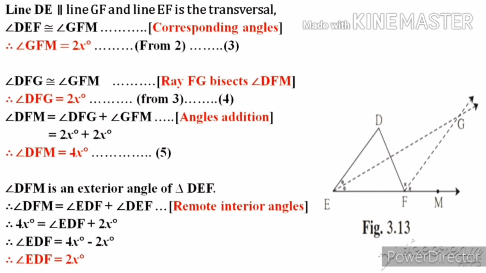Now student, angle DFM is an exterior angle of triangle DEF. Therefore, angle DFM equal to angle EDF plus angle DEF, remote interior angles. Substitute the value of angle DFM 4x degree equal to angle EDF plus 2x degree. Therefore, angle EDF equal to 4x degree minus 2x degree. Here we get angle EDF equal to 2x degree.